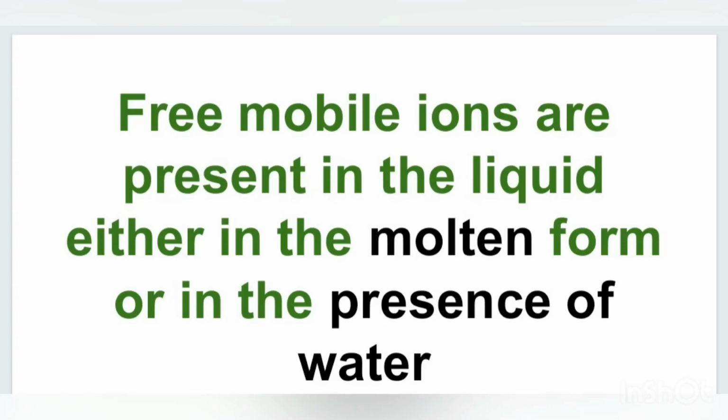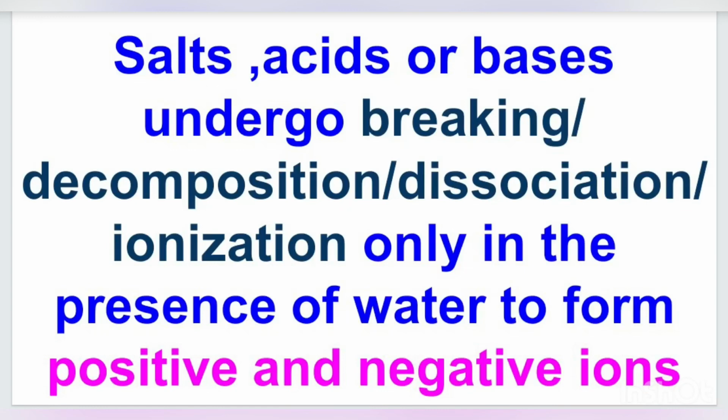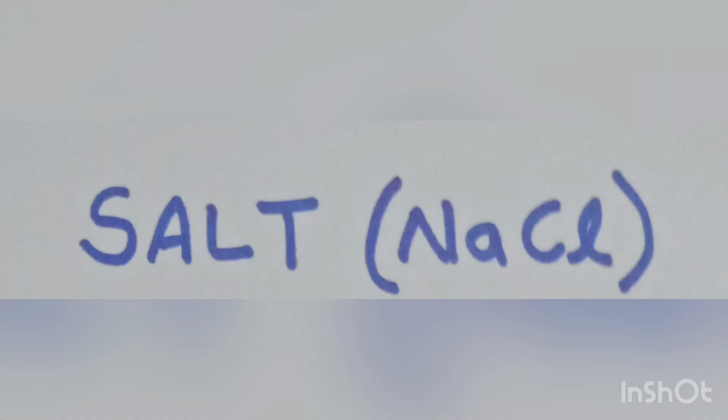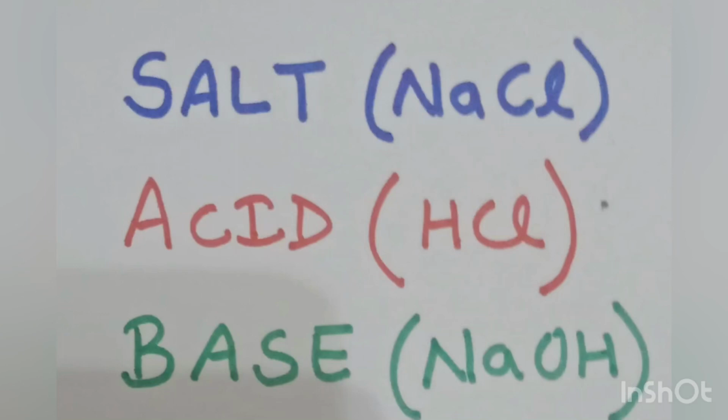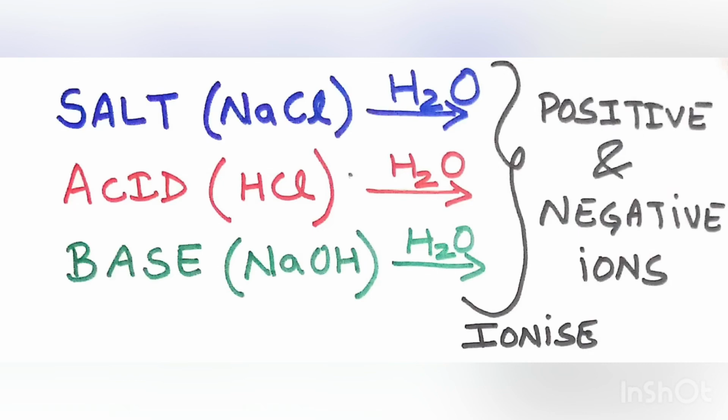In molten form, when solids are heated, like if we are heating the salt, sodium chloride, and melting it, then after melting, the sodium chloride will break down, or we can say it will decompose, dissociate or ionize to give us positive and negative ions. Similarly, when we have sodium chloride or any acid like hydrochloric acid and base, in the presence of water, these three will break down, ionizing and dissociating to give us positive and negative ions.